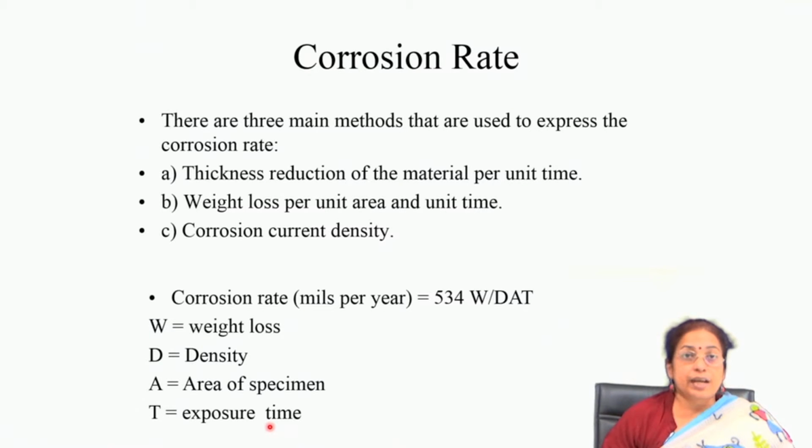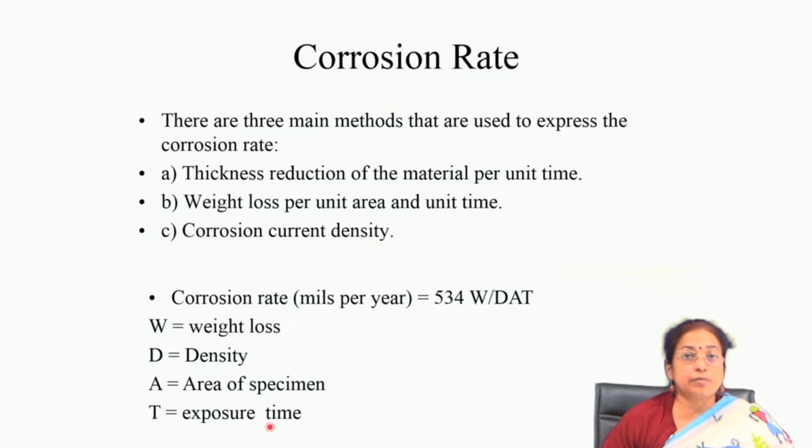Thickness reduction of the material per unit time and weight loss per unit area are very important and standard approaches, and usually people do standard coupon testing for the measurement of the corrosion behavior in simulated environment, but you can also accelerate the rate determination by typical electrochemical testing, where corrosion current density is taken as a measure of the corrosion rate, and corrosion rate can be easily calculated by applying Faraday's law.